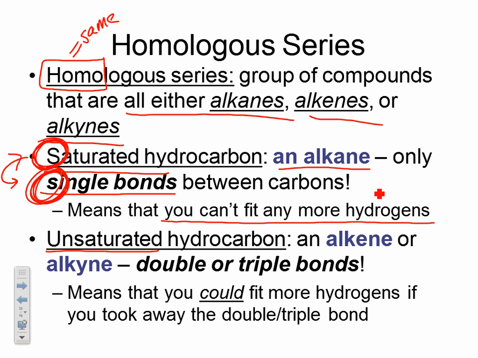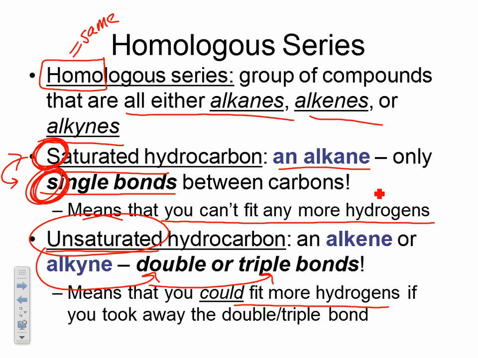An unsaturated hydrocarbon is simply a hydrocarbon that does not contain all single bonds. So unsaturated would mean that we would have a double or a triple bond in our carbon chain. So alkenes are considered unsaturated hydrocarbons and alkynes are considered unsaturated hydrocarbons. It's unsaturated, meaning it's not yet full, because you could fit more hydrogens on.